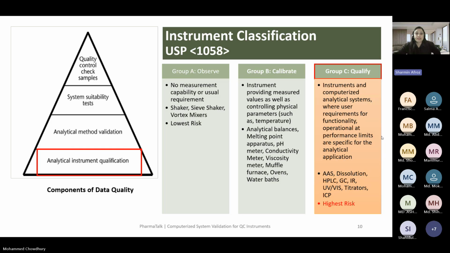Water bath type instruments only control physical parameters; they are not giving any assay values or results like content percent. So these instruments lie in the lowest risk; Group B only calibrate, and Group C is under full qualification. Computerized systems are under the computer system validation procedure, and these are the highest risk category.